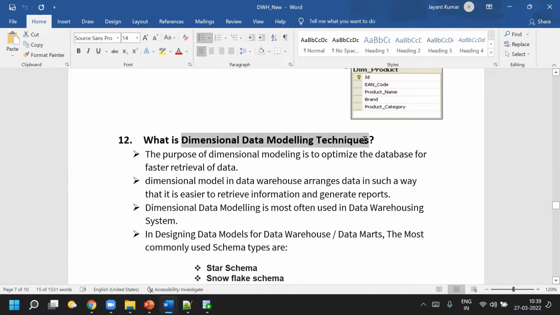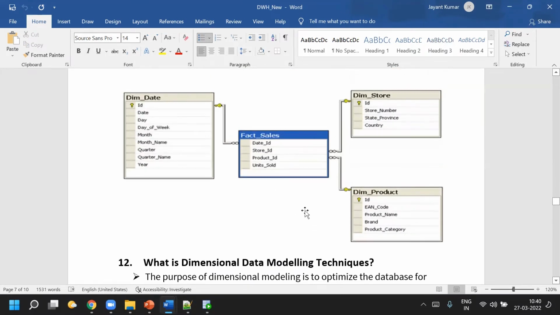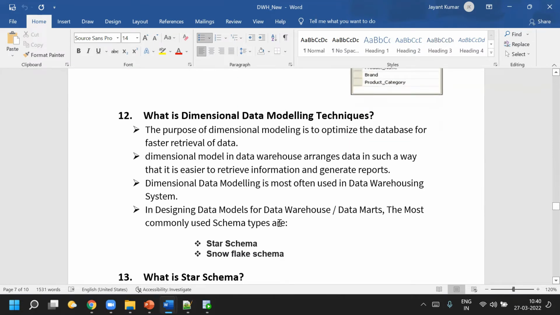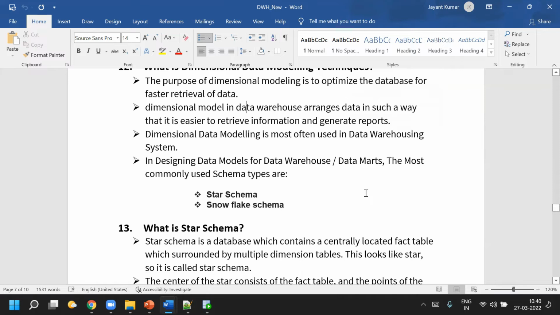The dimensional data modeling technique is made such that the tables are interrelated, so that a link is there for each table. A dimensional model in a data warehouse arranges data in such a way that it is easier to retrieve the information and generate reports. Dimensional data modeling is most often used, and is suggested, in a data warehouse system.